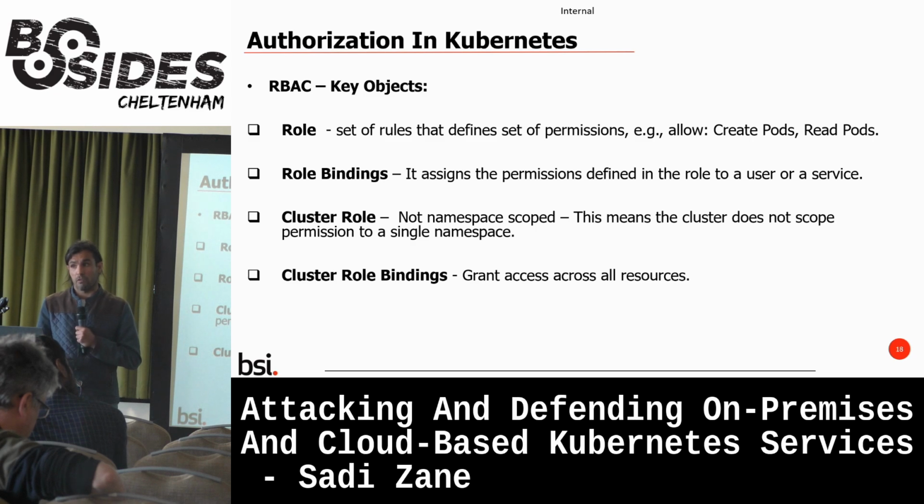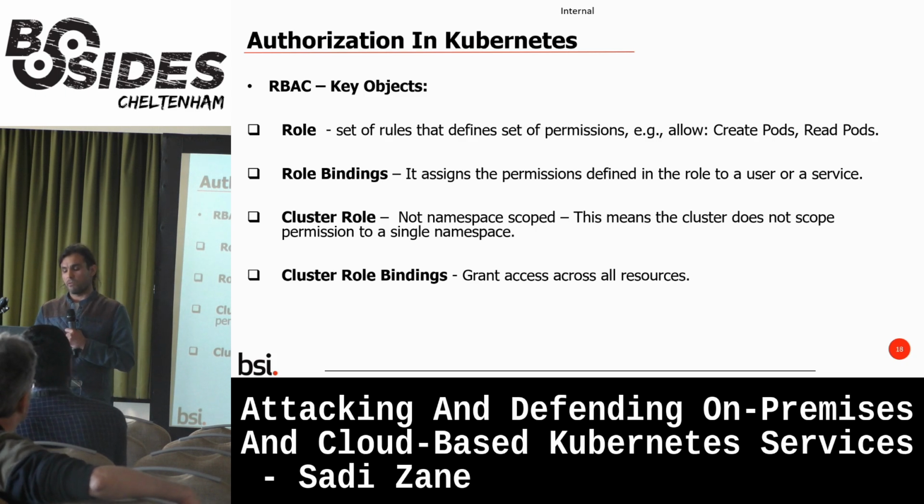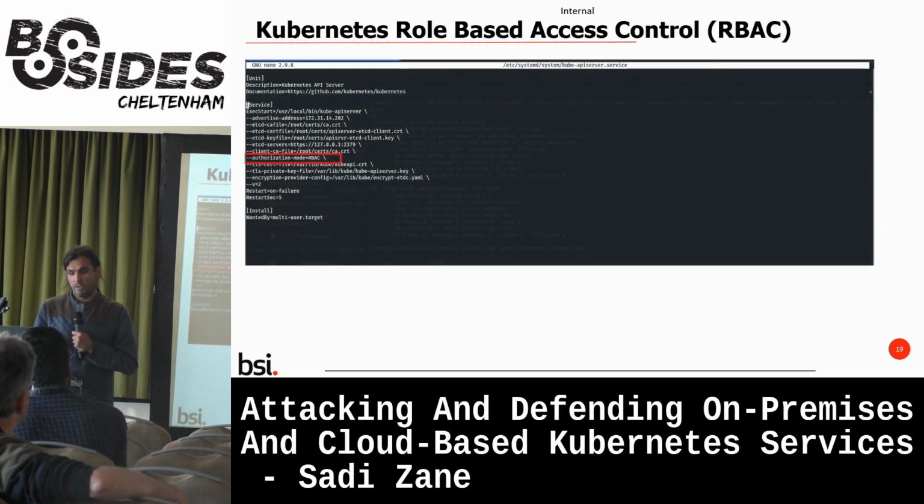So if a service account is assigned a cluster role and cluster role binding, and that service account is compromised, it could access all the namespaces within your Kubernetes environment. That applies on premise as well as on the cloud, no difference. What RBAC looks like in configuration is just --authorization-mode=RBAC. That's what enables RBAC authorization.